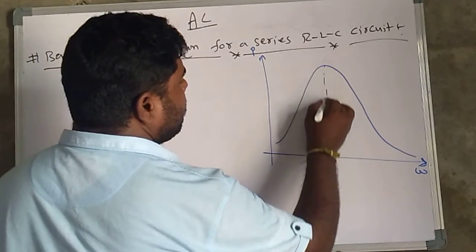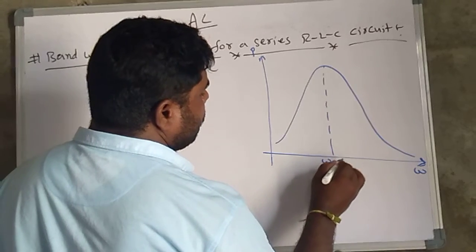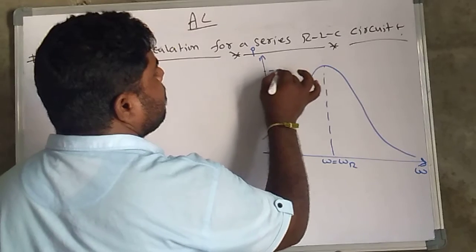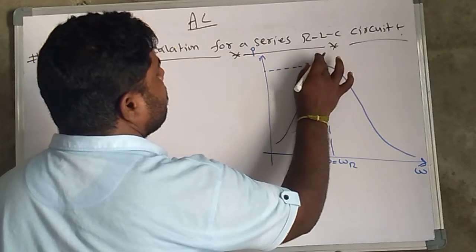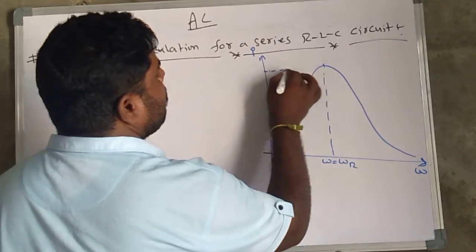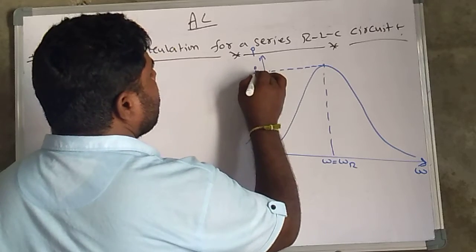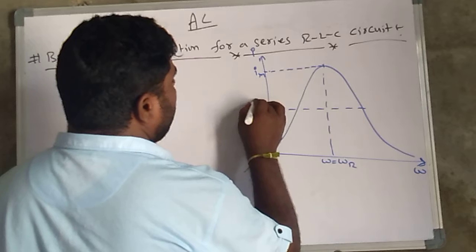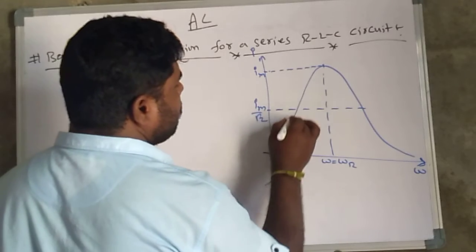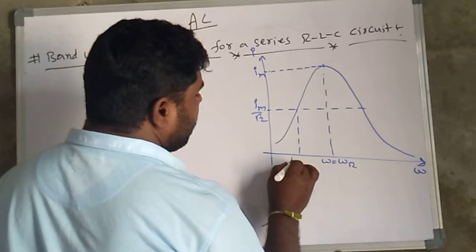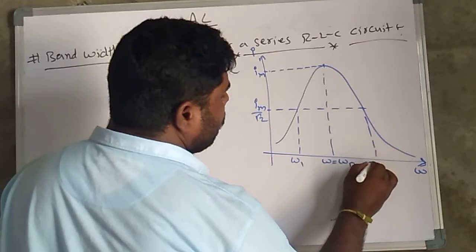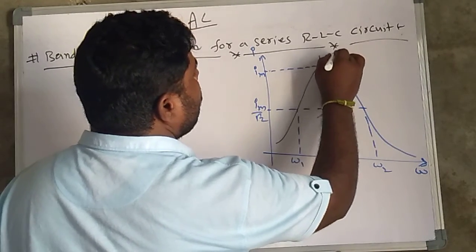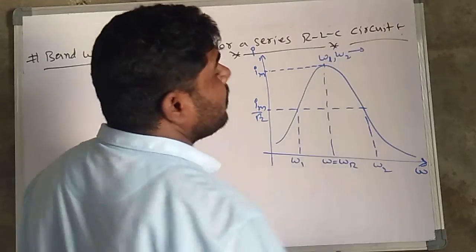This is the maximum peak value, which is the resonance frequency, the maximum current. This is half of the maximum current, and here are omega 1 and omega 2.